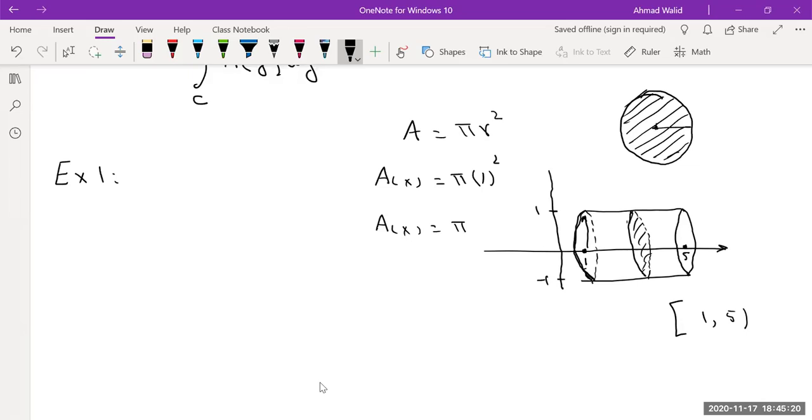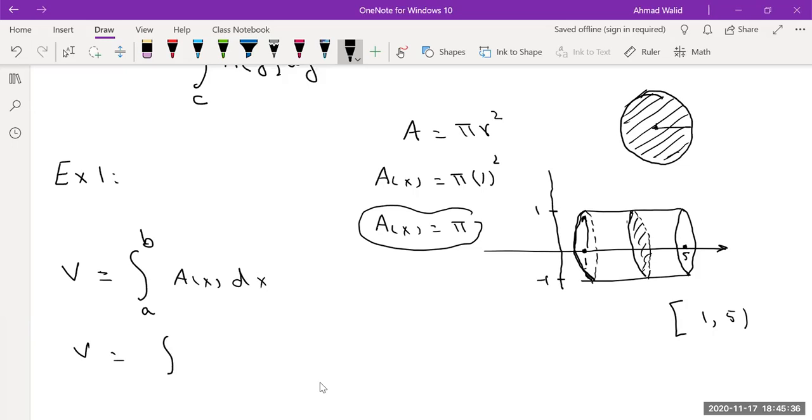It means A(x) equals what? Pi. Now, if I have my A(x), my volume formula is V equals the integral from a to b of A(x) dx, correct? Then I can write V equals the integral from where to where? You see, from 1 to 5, that's your interval. From 1 to 5, how much is A(x)?